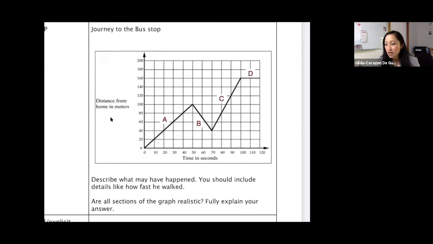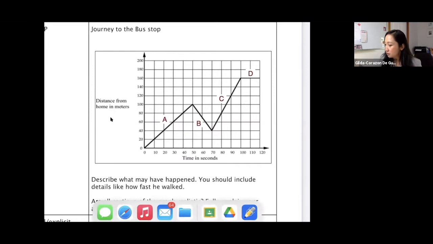So remember that 100 meters in 50 seconds. Now let's have a look at, maybe let's skip, yes, thank you, Seth. So that's 2 meters per second. How did you work that out? So 100 divided by 50, right? So 100 meters divided by 50, because how do we figure out the speed? Speed, the formula for that would be distance over time.